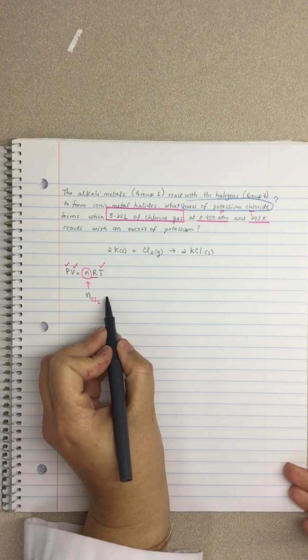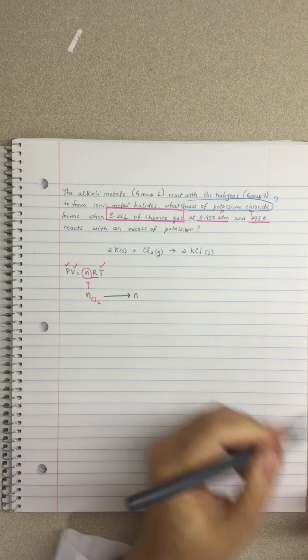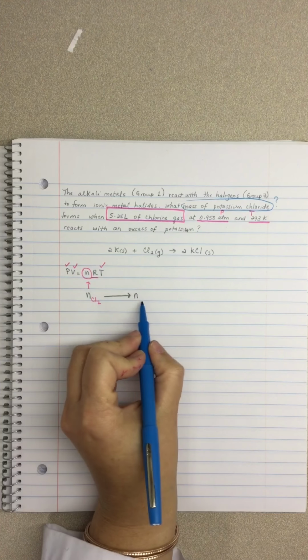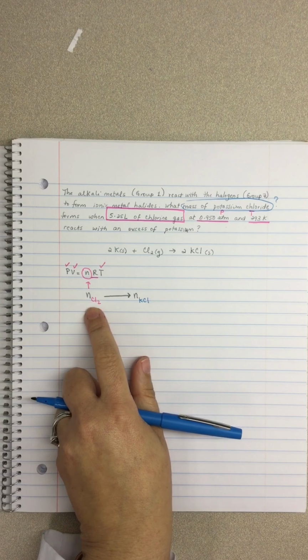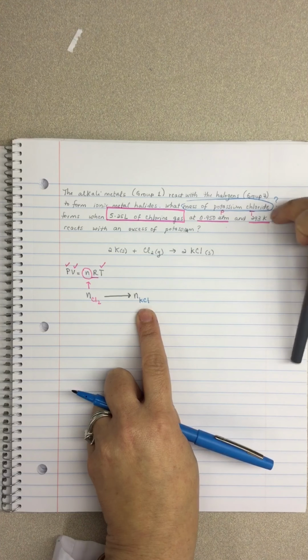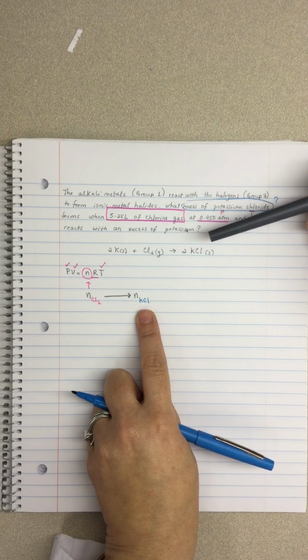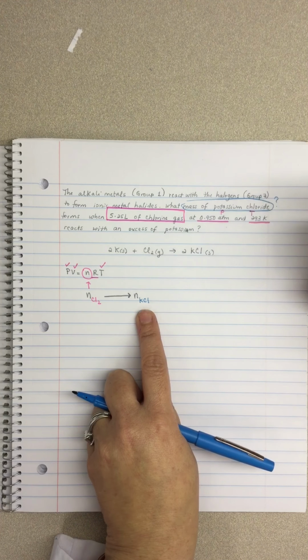Okay? So with the information that you have, you can calculate the moles of Cl2. You can convert moles of Cl2 to moles of KCl, which is your potassium chloride here, and you need to use stoichiometry. To get 2 moles of potassium chloride, you need 1 mole of your chlorine gas. Okay?